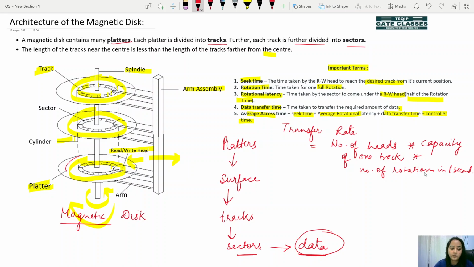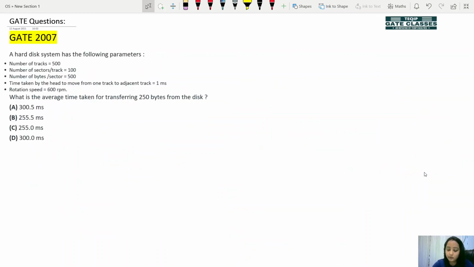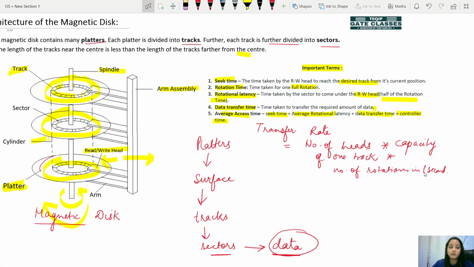Let's solve the GATE numericals. So this is a GATE question. To solve it, first you need to understand how we can calculate the different terms. Let me take one example.